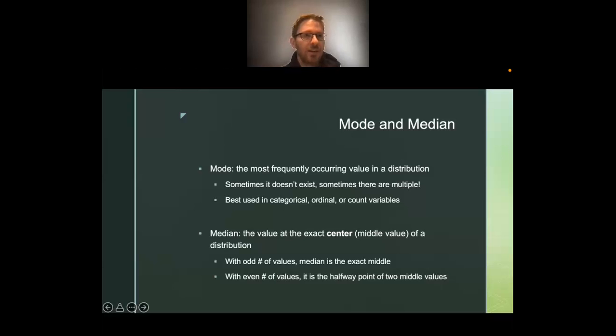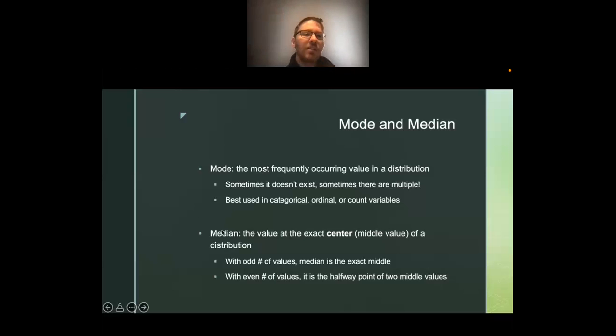So let's say if you have an age distribution and you have 20 people who are 16, 20 people who are 35, and 20 people who are 81, you would have 3 modes, 16, 35, and 81.